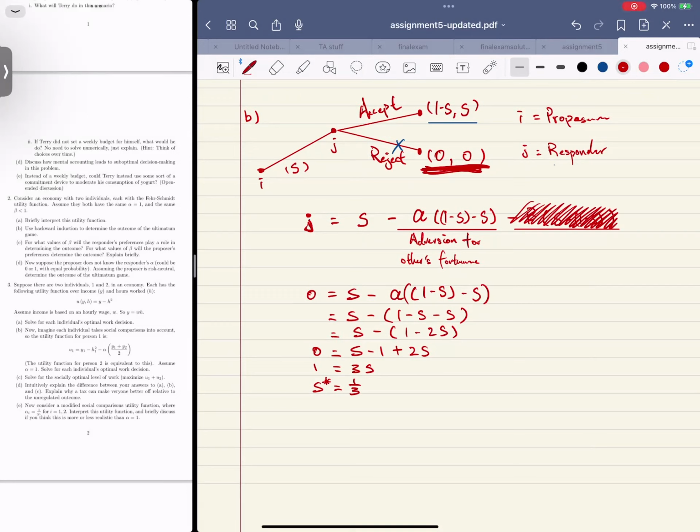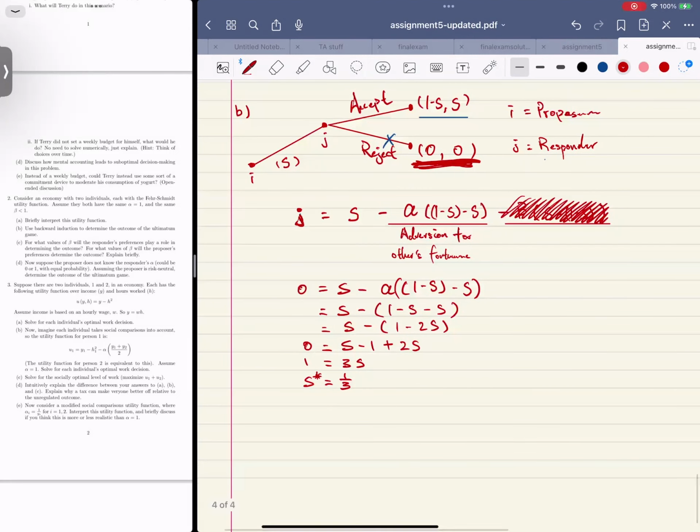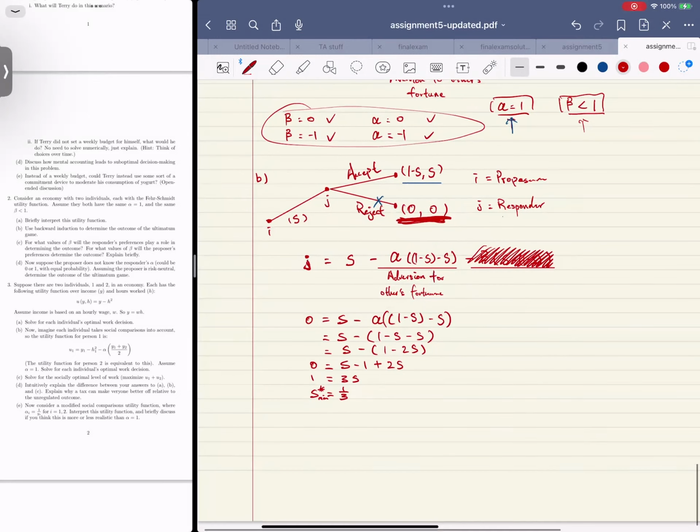Does it make sense? Okay, good. Now we found the critical point for S min, the minimum amount of money I should give to J in order for J to say, okay, this is fair.